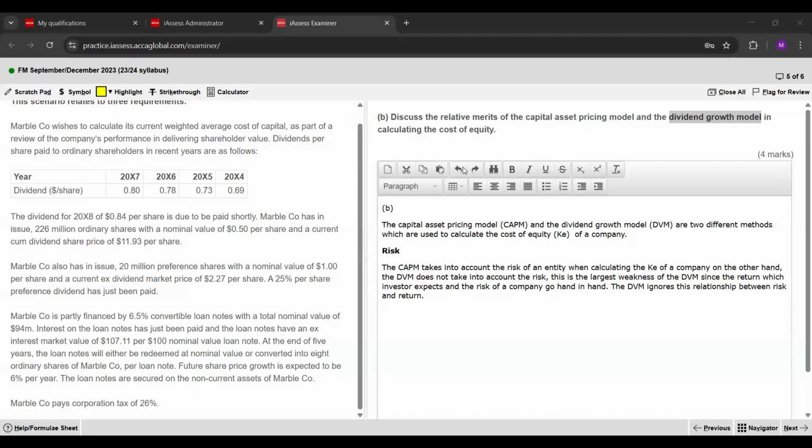fine. Anything else to discuss? CAPM method is the best method. Yeah, yeah, I know that. But that's not a point. Like you can't say that as an advantage. Okay. Any other points?